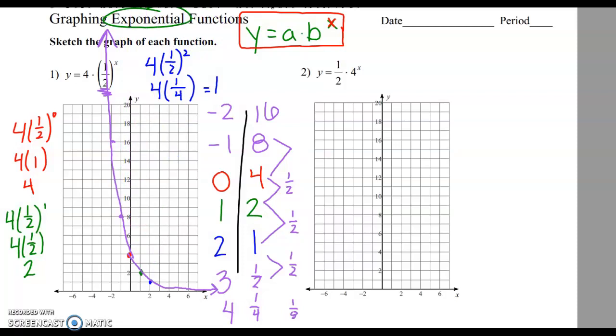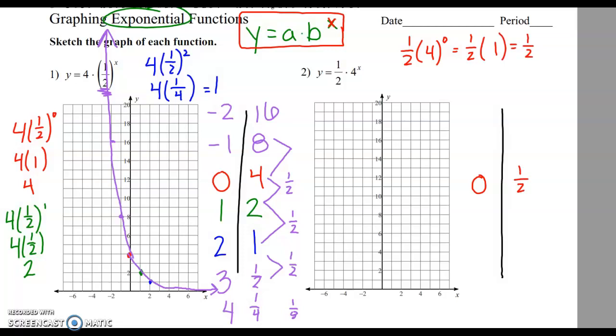All right, so our next one, we have y equals 1/2 times 4 to the power of x. So again, I'm going to start by plugging in 0. So let's see, 1/2 times 4 to the 0 would be 1/2 times 1, and 1/2 of 1 is 1/2. So we have the point (0, 1/2), adds up there.